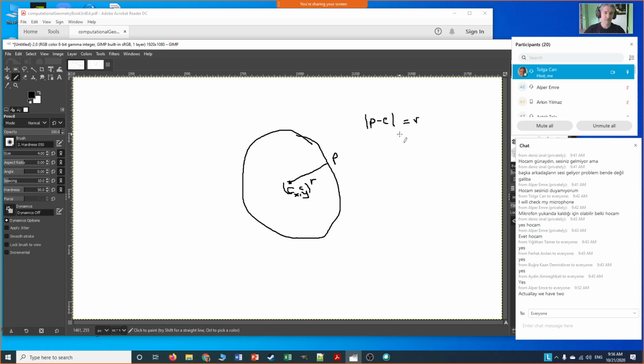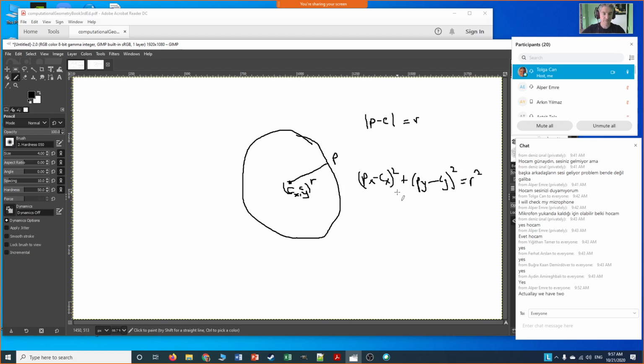This doesn't look like our regular circle equation, but if you compute the distance like this, it will give us the square root of Px minus Cx squared plus Py minus Cy squared, which equals R. If you square both sides, you will get the more popular equation that we are accustomed to seeing.